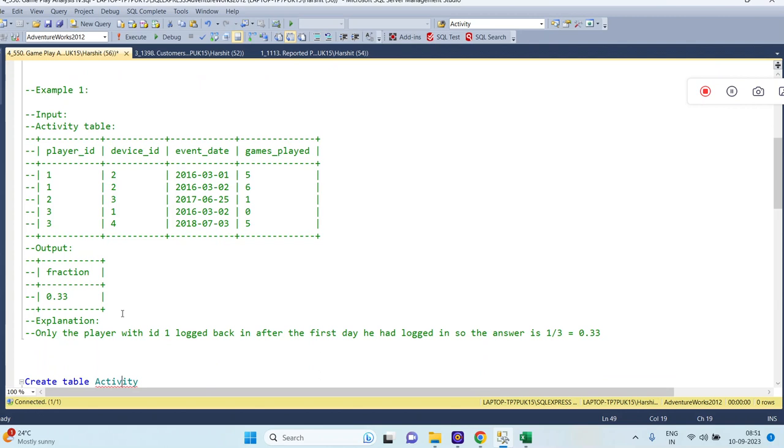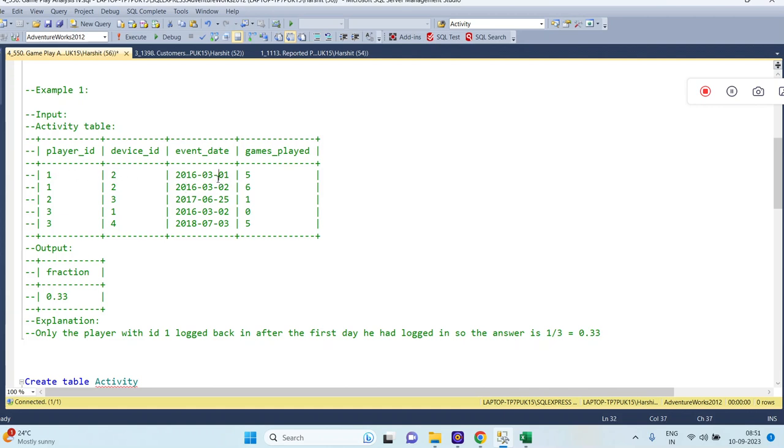So here, if you see in the activity table, player ID 1, device ID 1, and event date is 1st March. The same player ID 1 logs in again on the 2nd March. So this we need to consider, right?